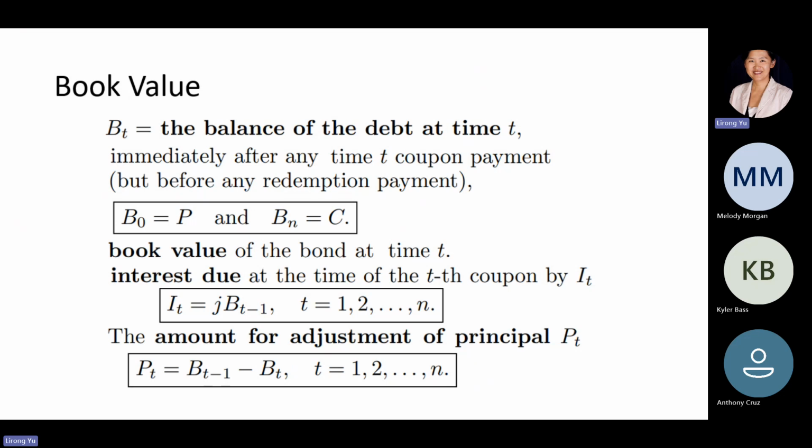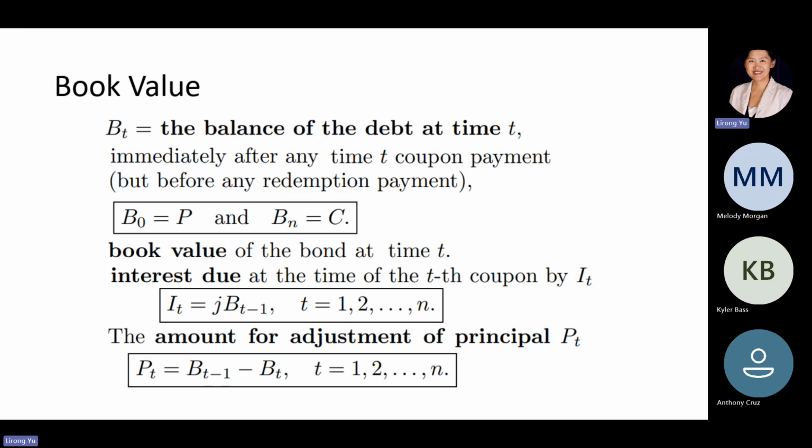It decreases from a higher value P down to a lower value C. Now, if P is less than C, then the book value grows from P up to C. C will be the last payment. So that is when the bond is sold at a discount, right? So the book value has a lot to do with the relation between P and C.